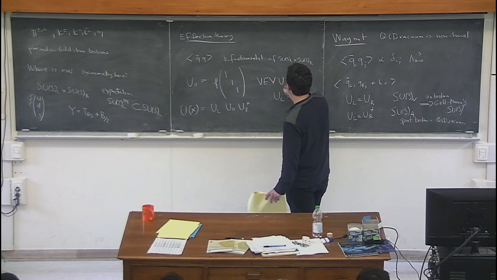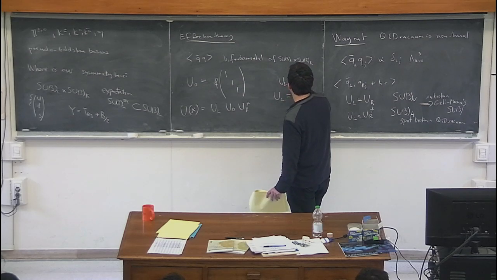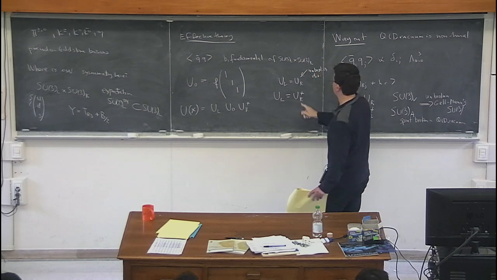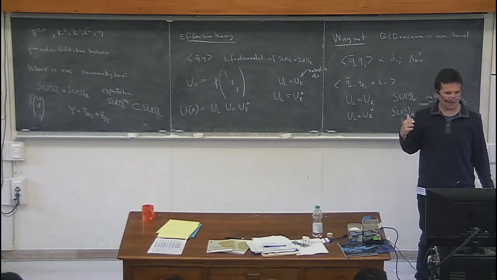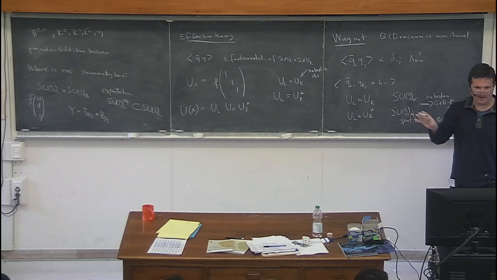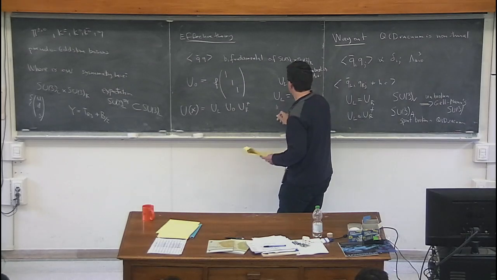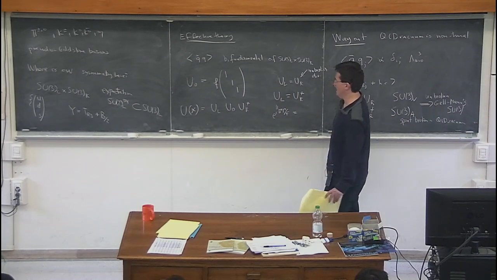So the U left equals U right is the unbroken direction, and then U left equals U right dagger is the broken direction. That's the one that I'm going to identify with the direction for the pions. So I'm going to write U left as e to the i pi^a T^a over F. And then that's also U right dagger.